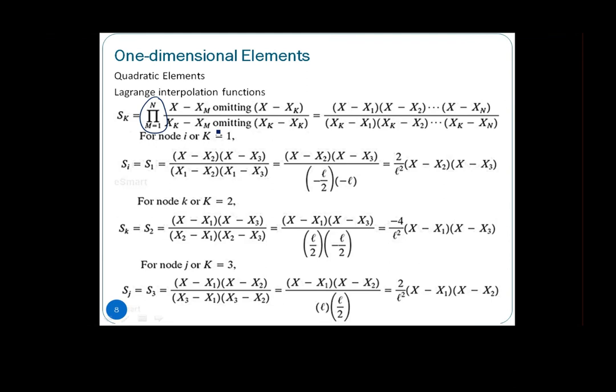So if I want to find S1, we have three nodes in this case.